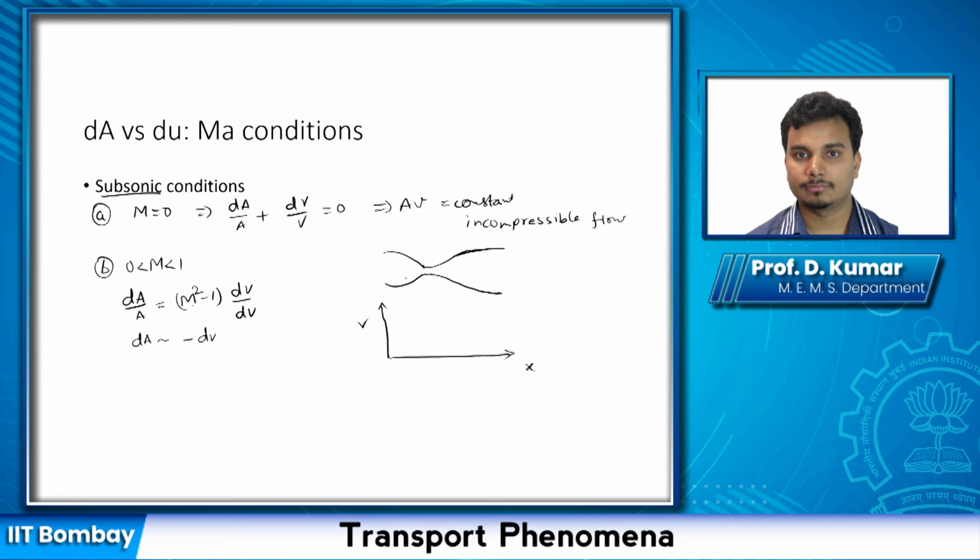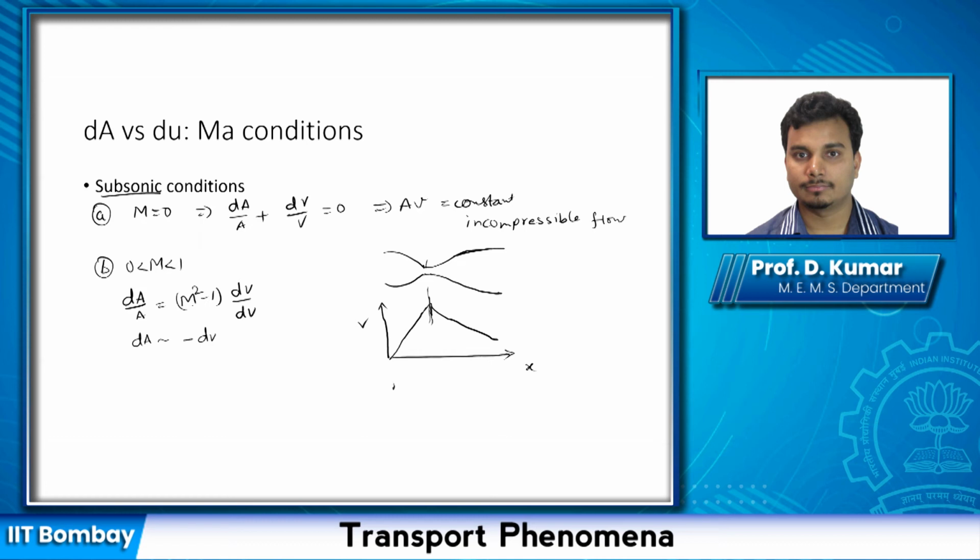So as area is going down, velocity will go up. And then what will happen? Now your area is becoming larger, so velocity will come down. It's a schematic plot.